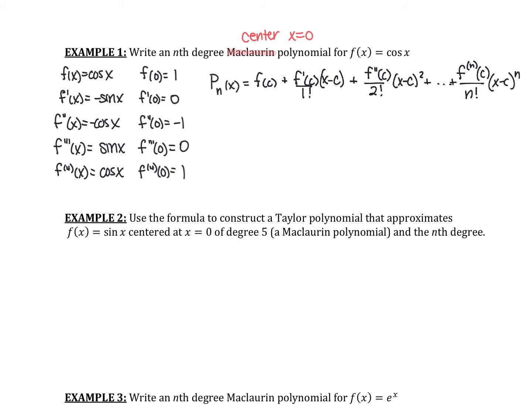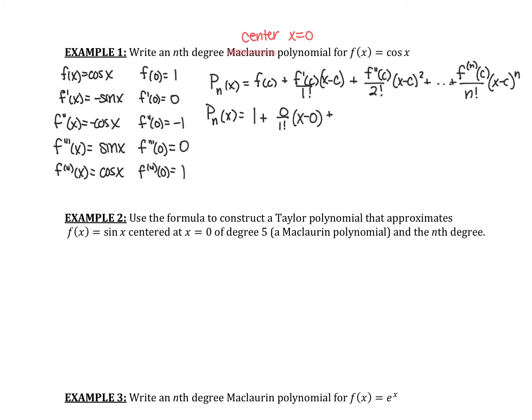So let's look at what that looks like. For us, f of c was 1, so this first term will be 1. F prime of c was 0, so this next term will be 0 over 1 factorial times x minus 0, because our center is 0.